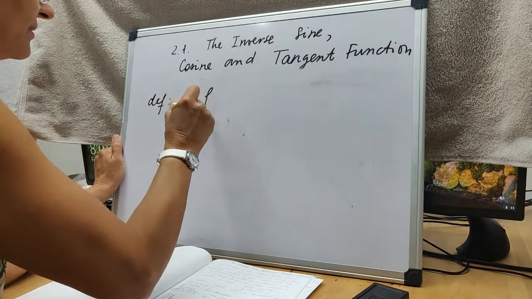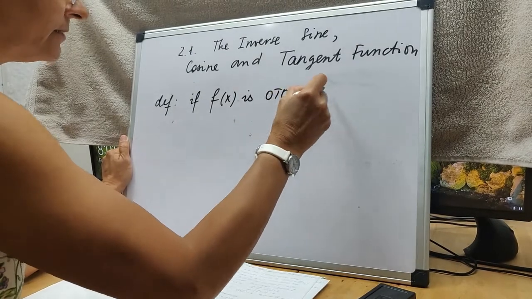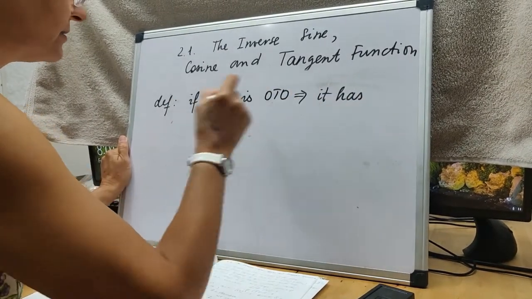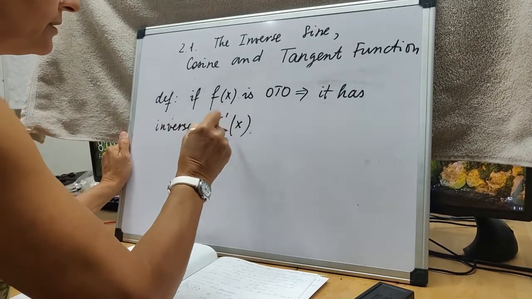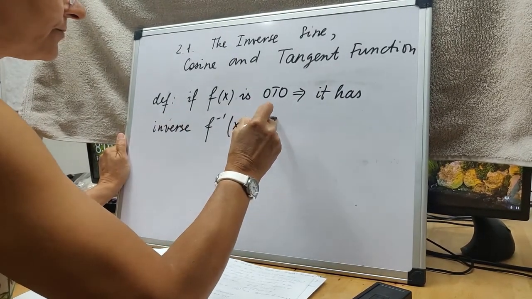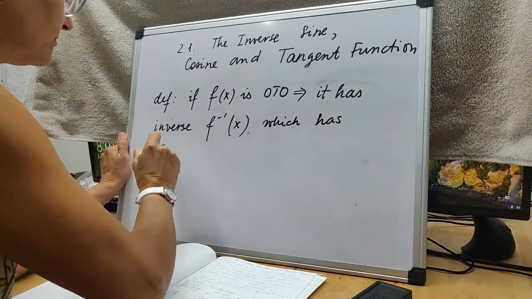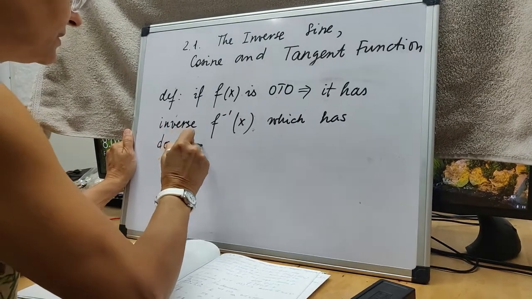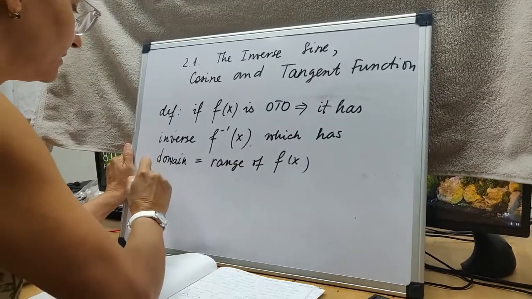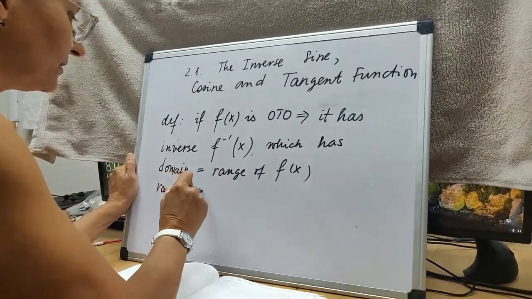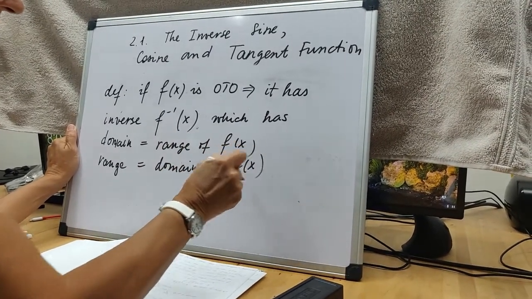If f of x is one-to-one, it has an inverse, f inverse of x, which has domain equal to the range of f of x, and range equal to the domain of f of x.